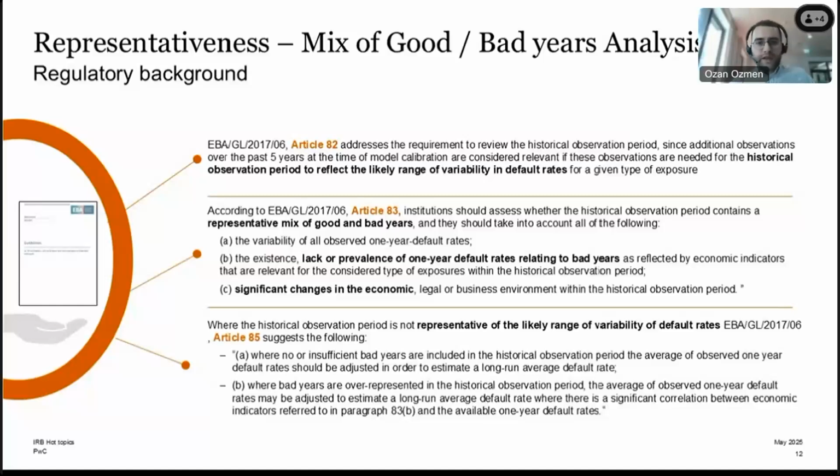And specifically, this analysis is conducted for the PD. The main purpose is, when we develop the PD model, whether we are covering a full economic cycle in our development data. That's why the requirements for such an analysis are mentioned inside the long run average calculation, because the ultimate expectation is that the long run average would reflect both good years and bad years.